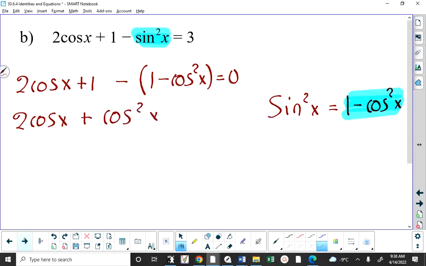Now, I do understand that, for example, Marcel brought this up a couple days ago. Marcel said, in this particular case, couldn't we say that cos squared of x is 1 minus sine squared of x?